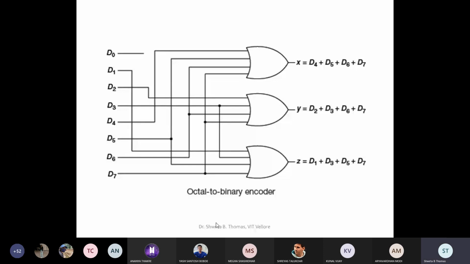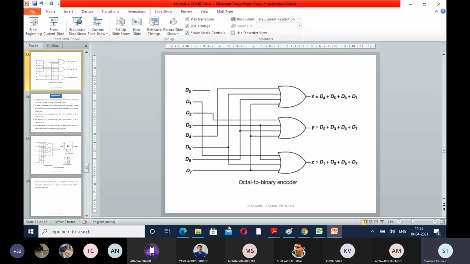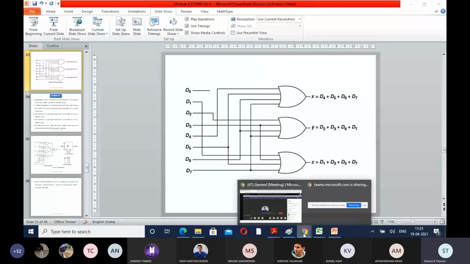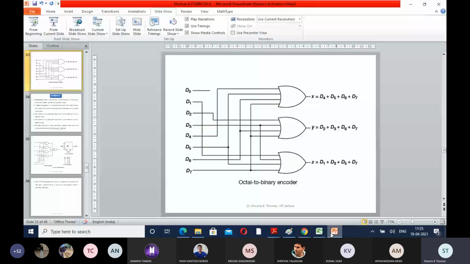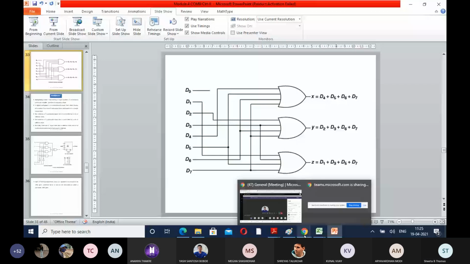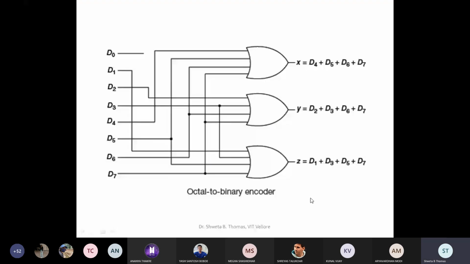Any one or both, depending on your caliber. Have you taken the picture of this? Everyone? Yes, ma'am.